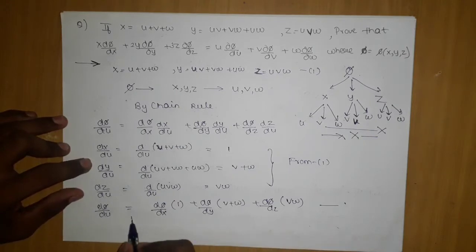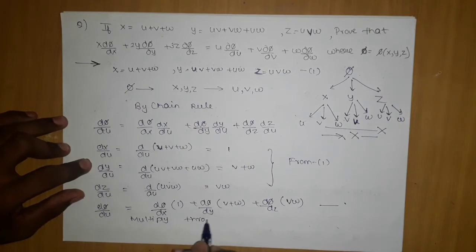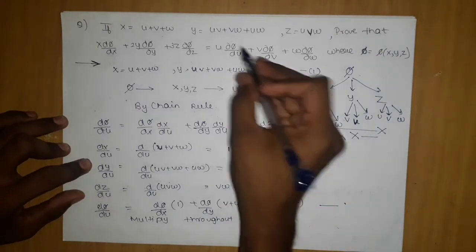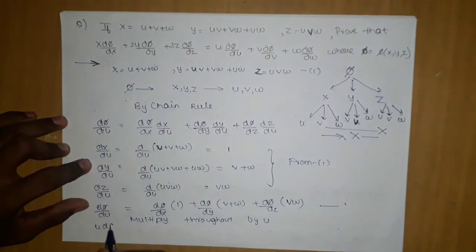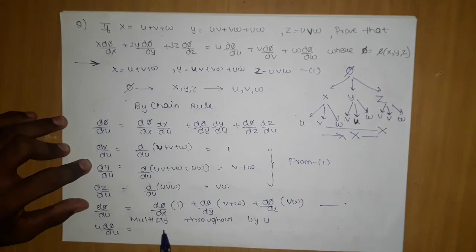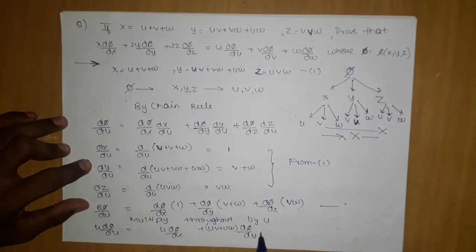So let me multiply throughout by u, because here u is given. So u ∂φ/∂u will be nothing but u ∂φ/∂x plus (uv plus uw) into ∂φ/∂y plus uvw into ∂φ/∂z. Just call it 2.